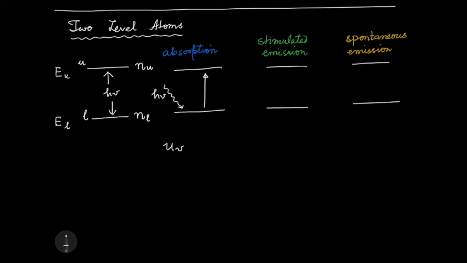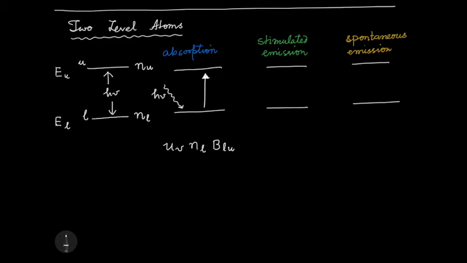If there is no atom available at the lower level, obviously nothing can go to the upper level, which essentially means that it will depend on how many atoms are there in the lower level. And then it's an atomic process, and as you know, all atomic processes have a probability associated with them. So it will depend on that probability. That probability also hides all the other factors that you need to make it work.